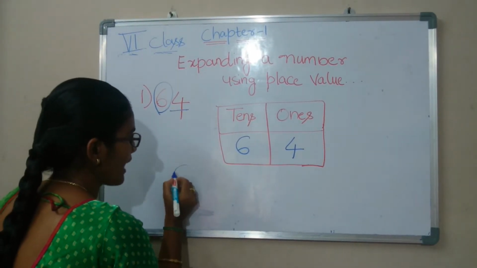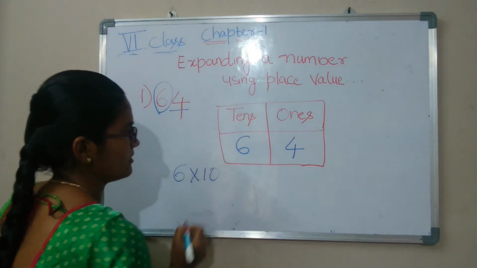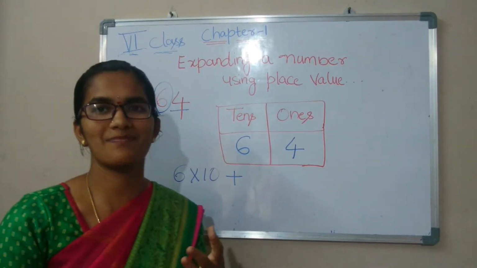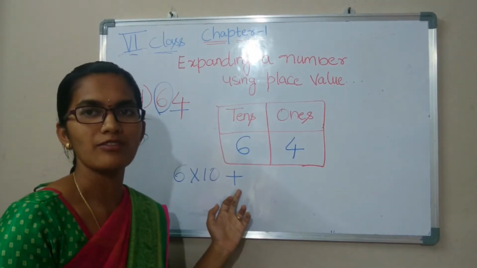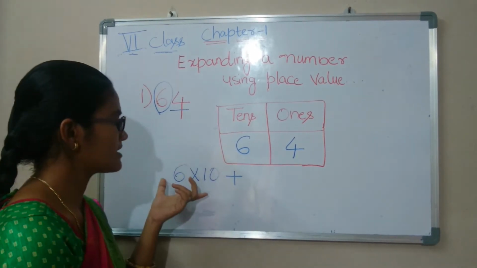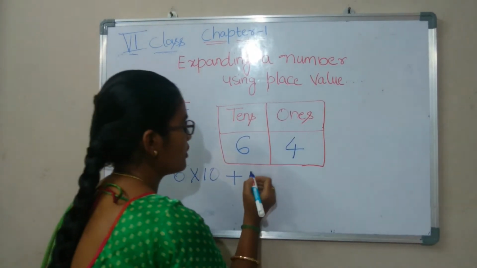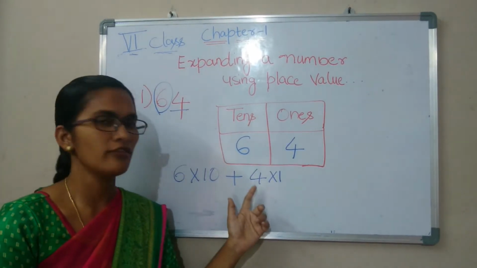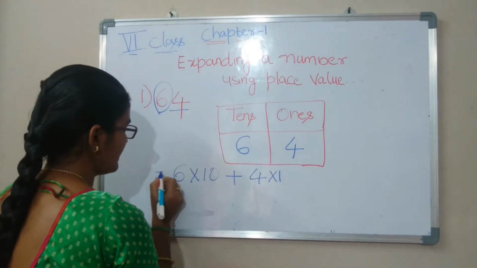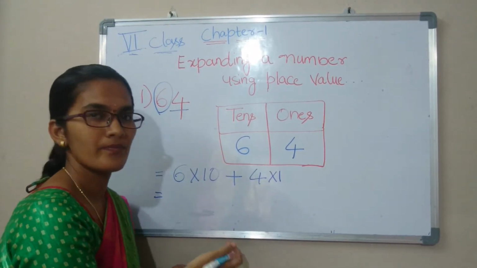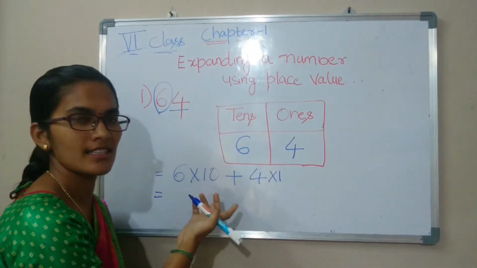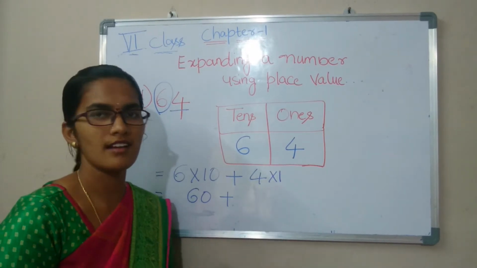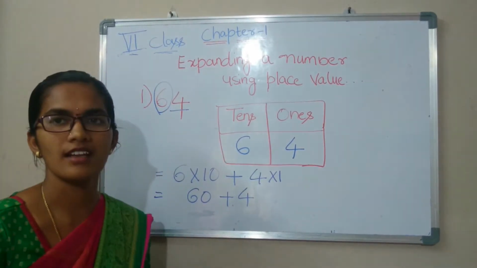That is why we have to write 6 into 10, plus, because we are expanding. Then 4 into 1, because 4 is in the place of ones. 6 tens are 60, plus 4 ones are 4.